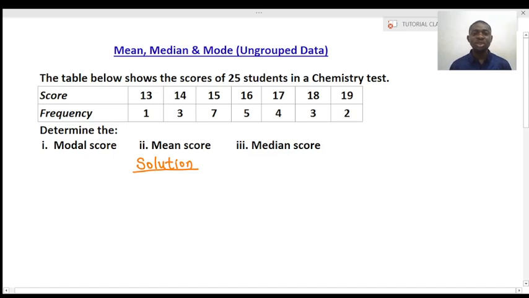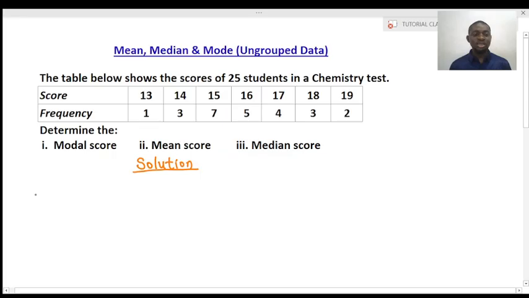Remember, in our basic knowledge of measure of central tendency, the mode is the value or event with the highest frequency. That is the most occurring value or event in a data set.